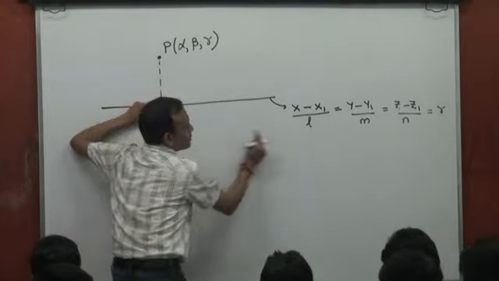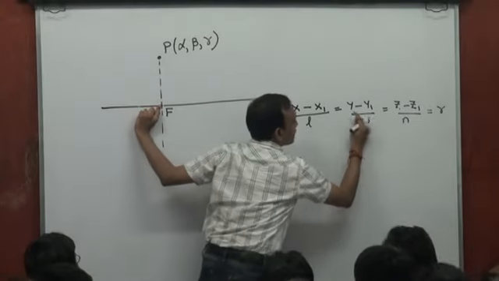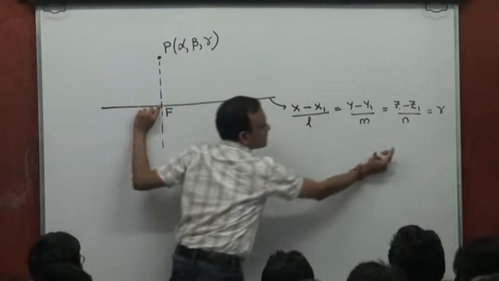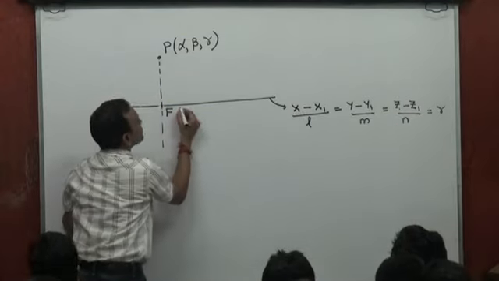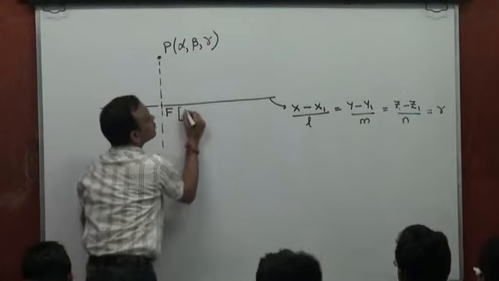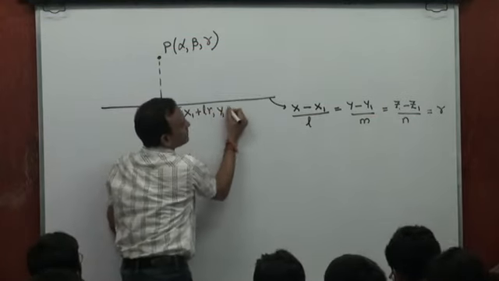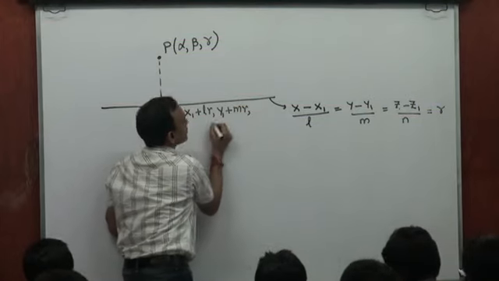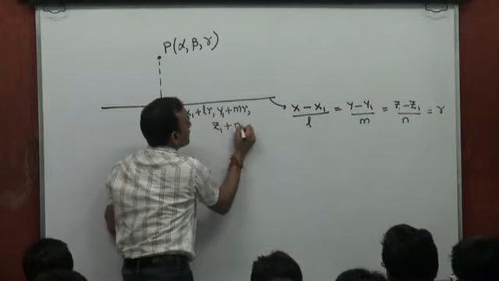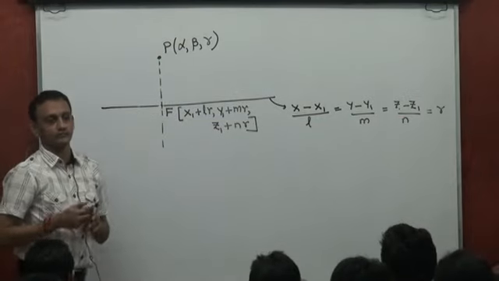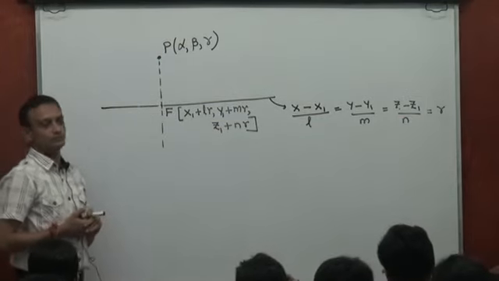So the x of the point F is going to be x1 plus lr, y of the point F is going to be y1 plus mr, z is going to be z1 plus nr. These would be the coordinates of the point F, right?